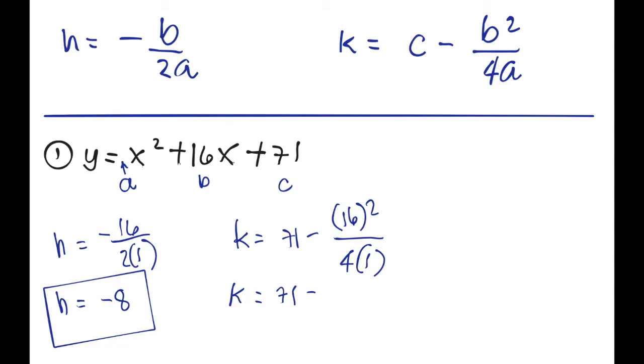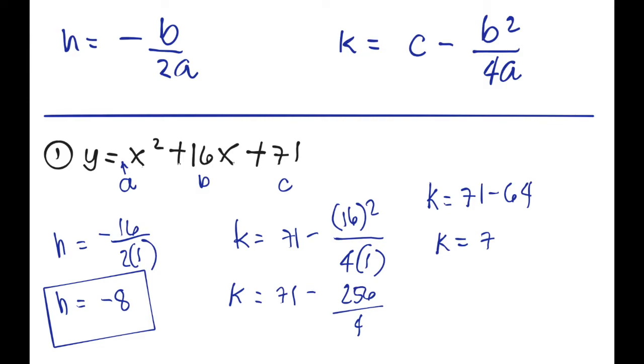So we have 256 over 4. And 256 over 4 is actually equal to 64. So we have k is equal to 71 minus 64. And now our k is equal to 7.